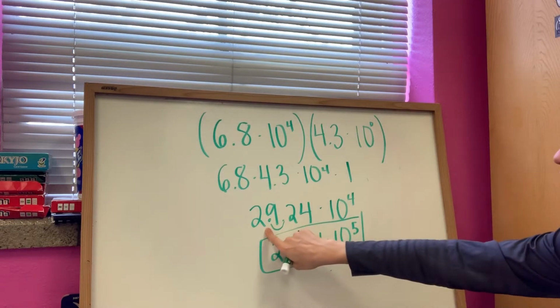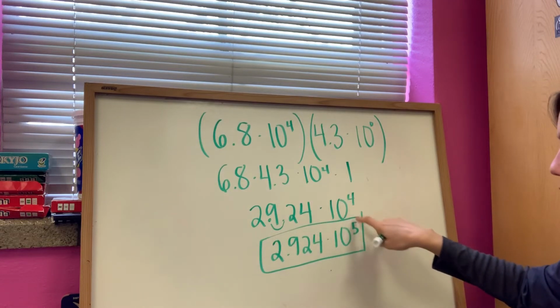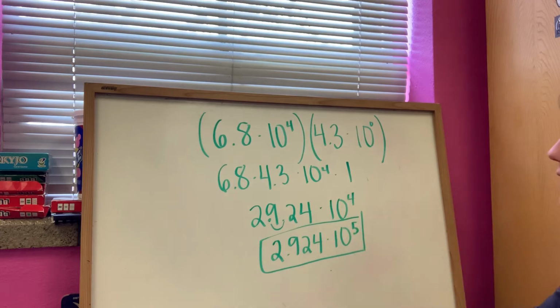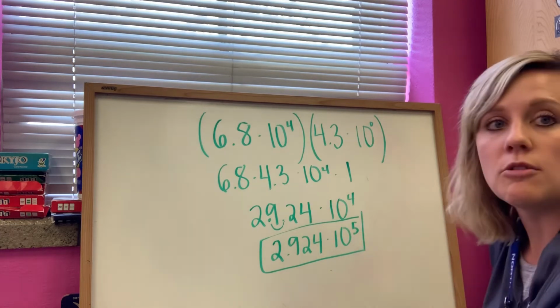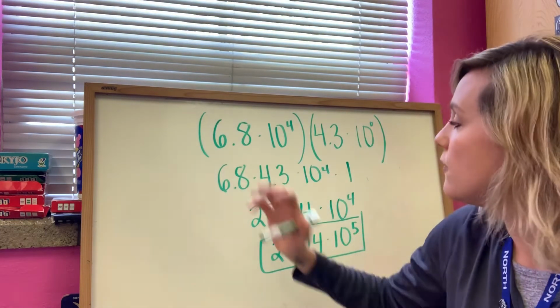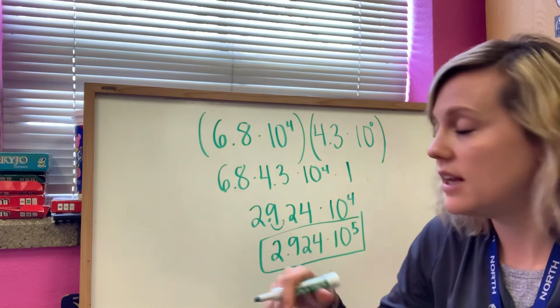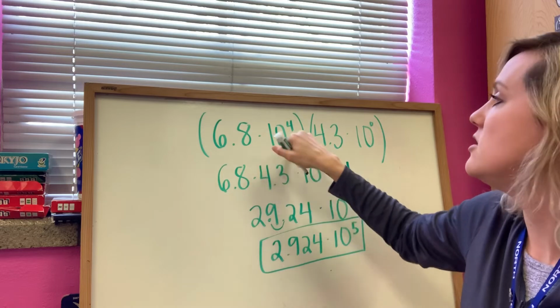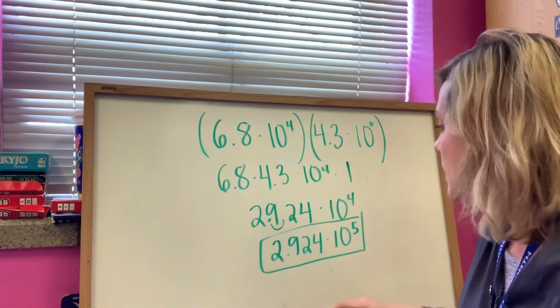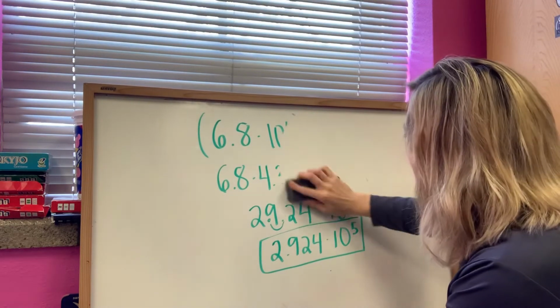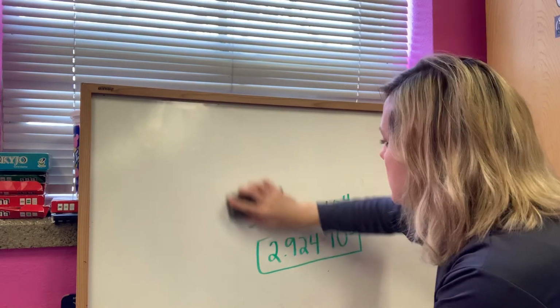If this number was less than 9.9, then I wouldn't have to worry about changing that there because it would already be in scientific notation. Remember, scientific notation, the first number is between 1 and 9.9, and then the second number is 10 to the power of something.